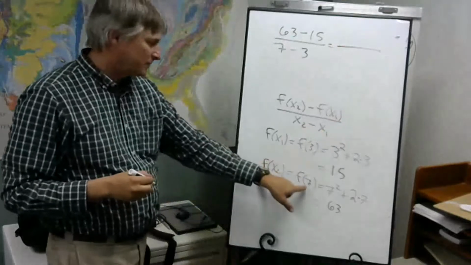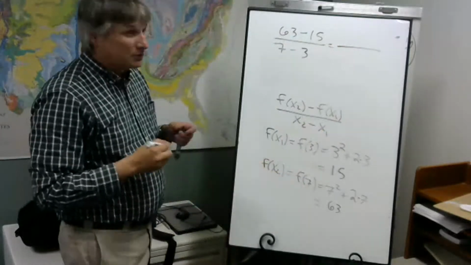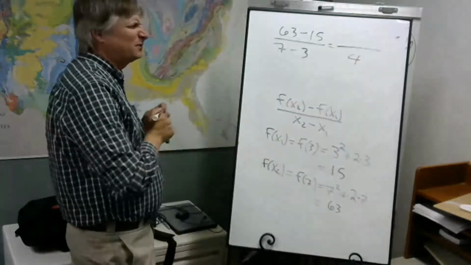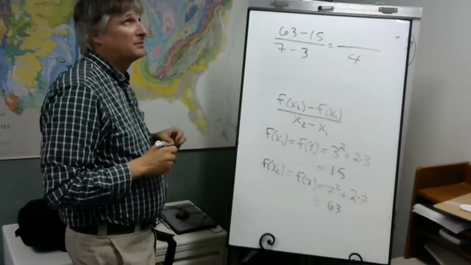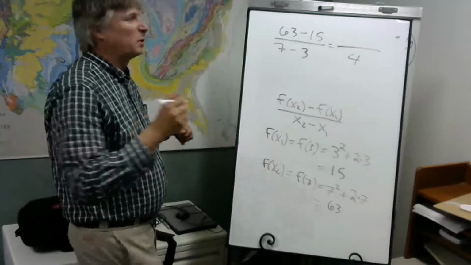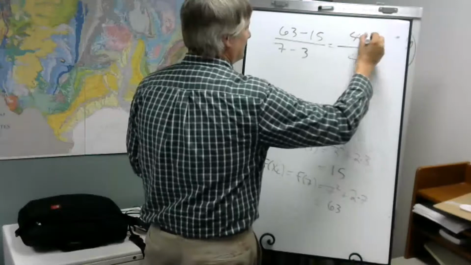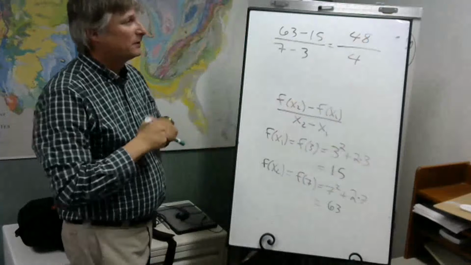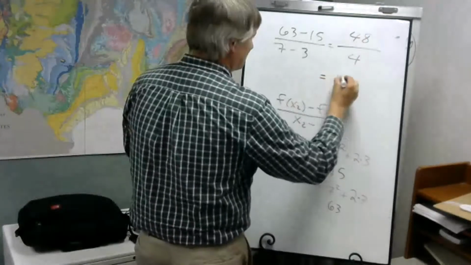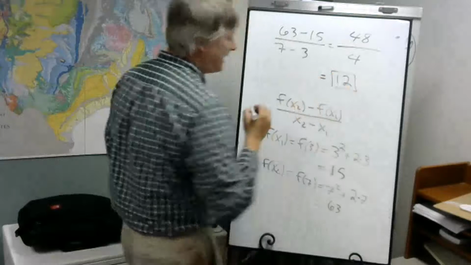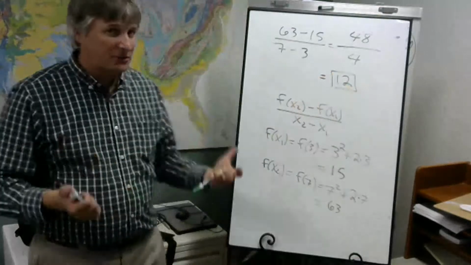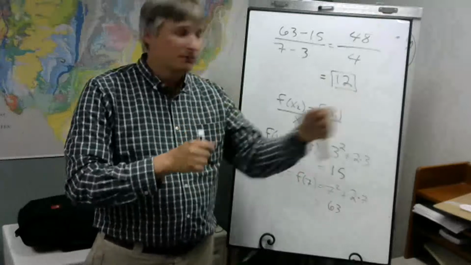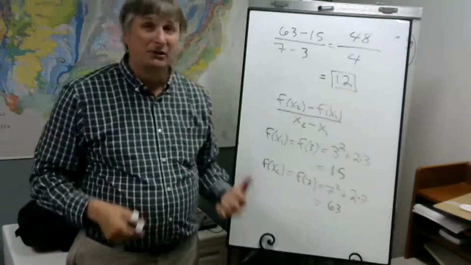So subtracting these, we get 4 on the bottom. 63 minus 15 is 48. And then 48 divided by 4 is 12. So the average rate of change of x squared plus 2x over the interval 3 to 7 is 12.